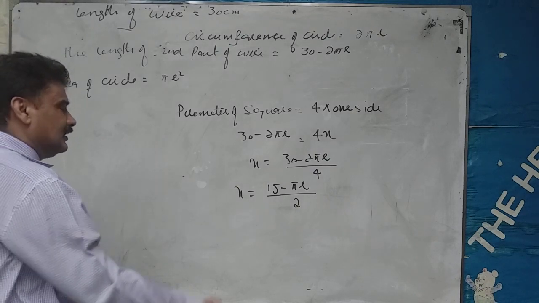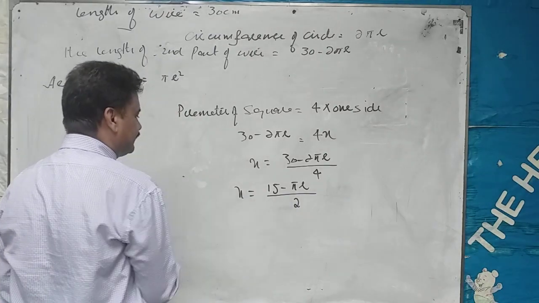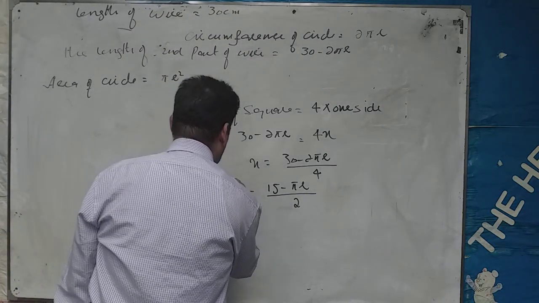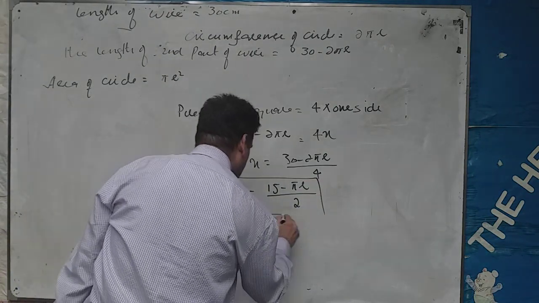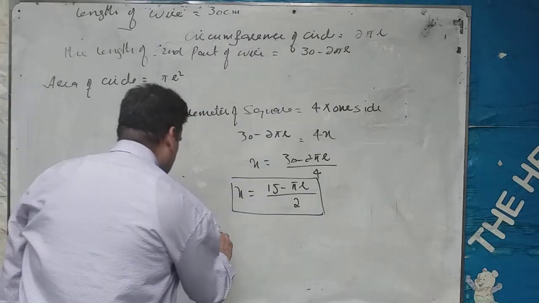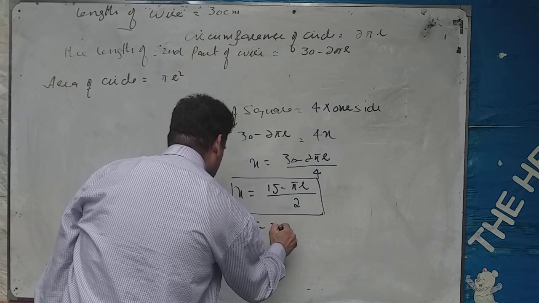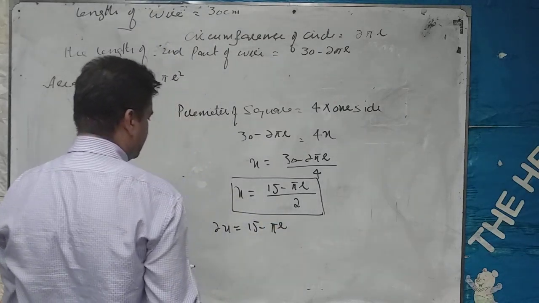From here we can easily find the value of r in terms of x. 2x is equal to 15 minus pi r.